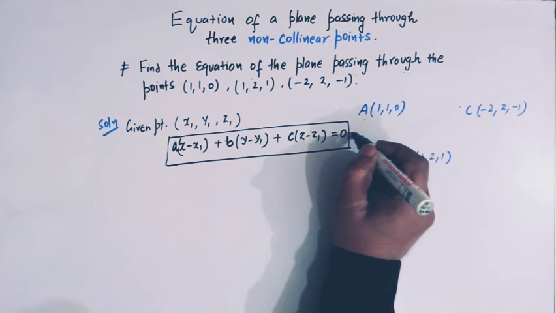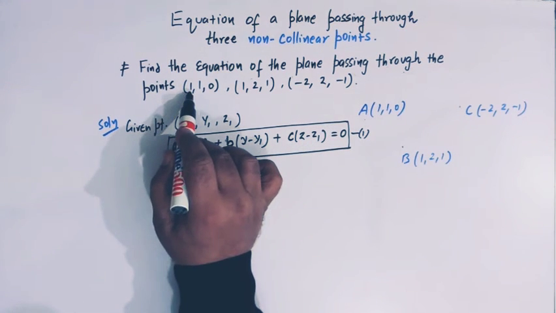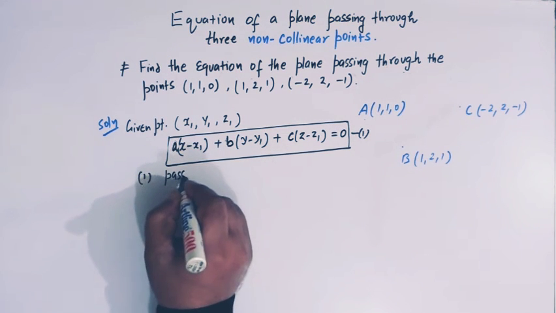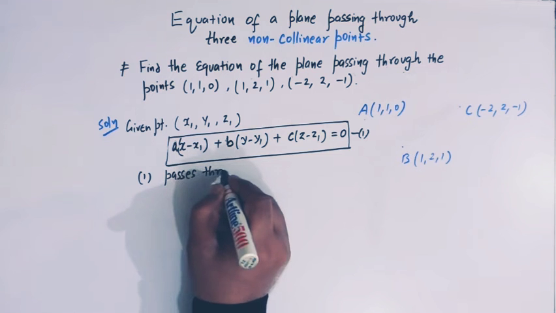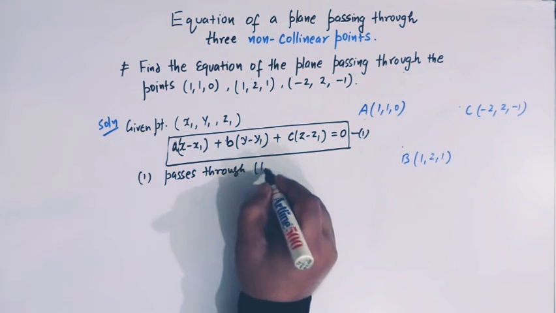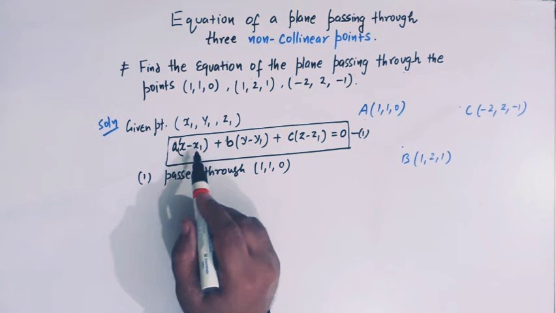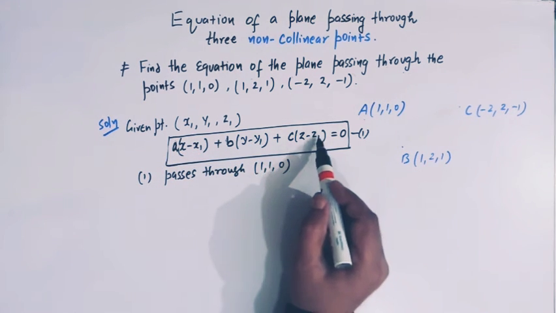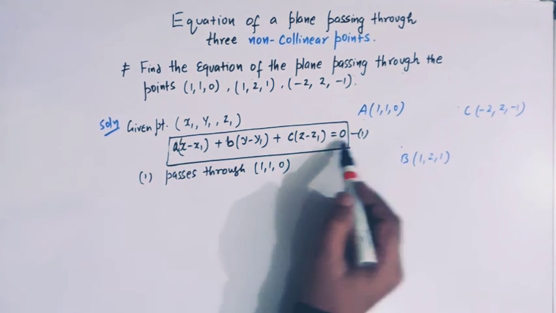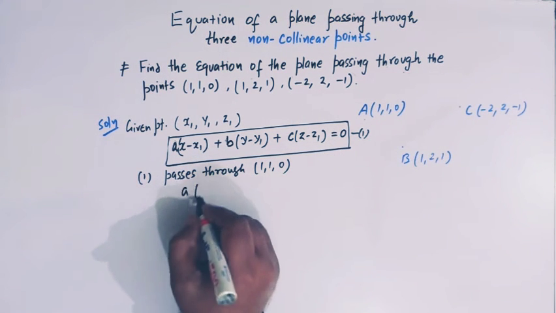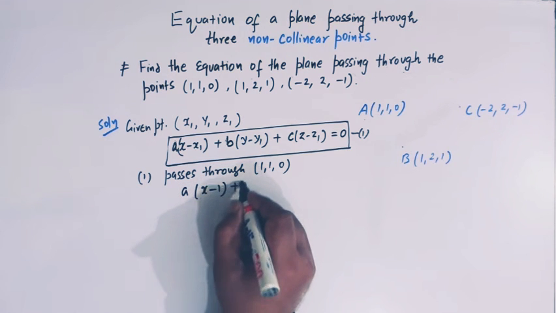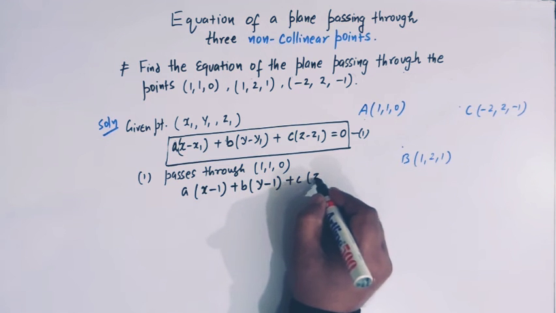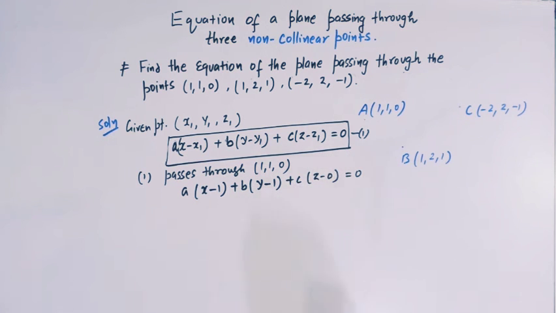So now this plane passes through (1, 1, 0). So substituting for x1 as 1, y1 as 1, and z1 as 0, this equation becomes a(x - 1) + b(y - 1) + c(z - 0) = 0.